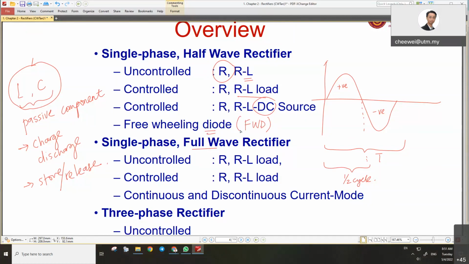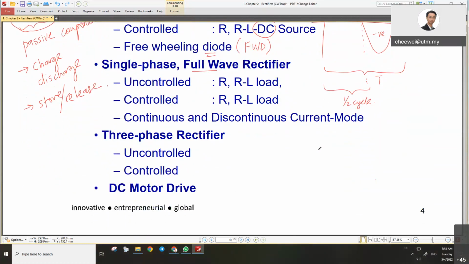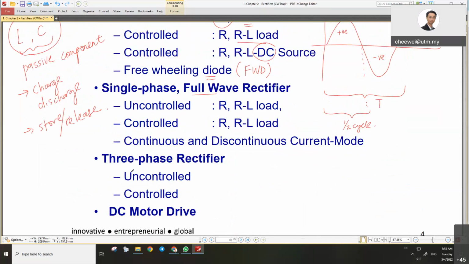Okay, and I'm going to repeat the same thing for full wave, continuous and discontinuous current, and then proceed with the three-phase rectifier. And then we're going to see, for example, this DC motor drive. The motor drive is to control the motor.